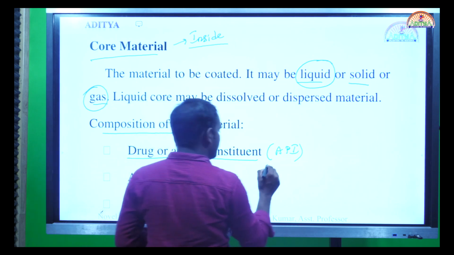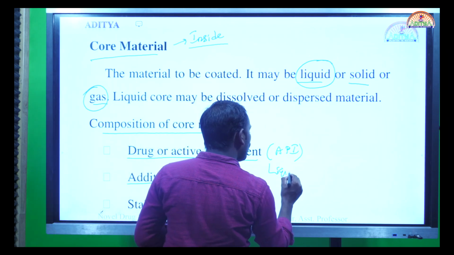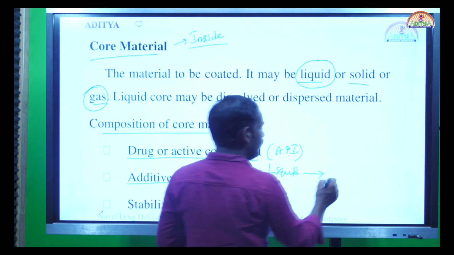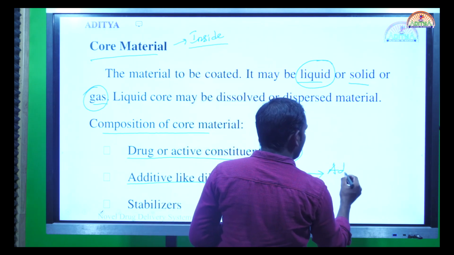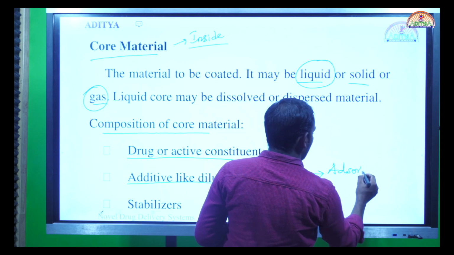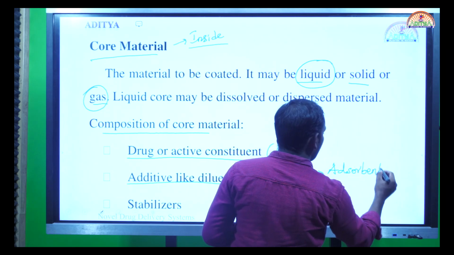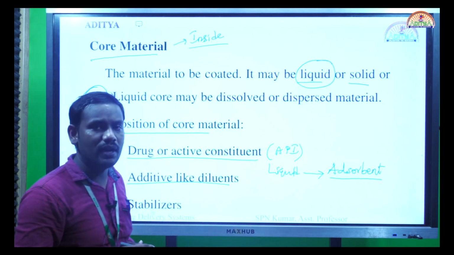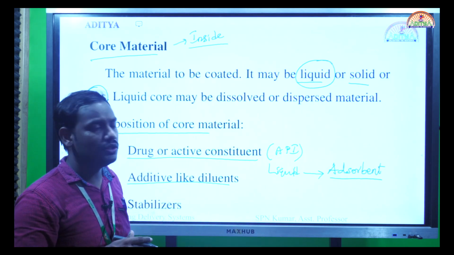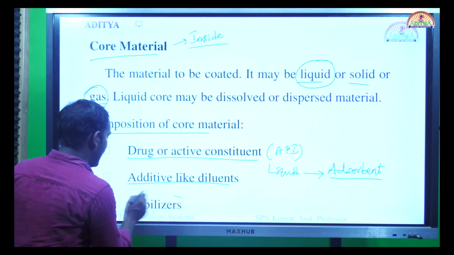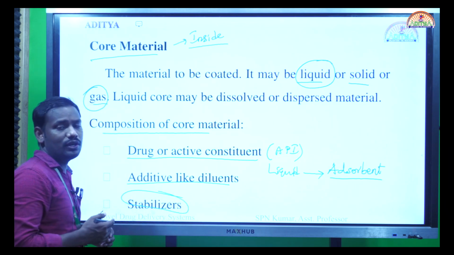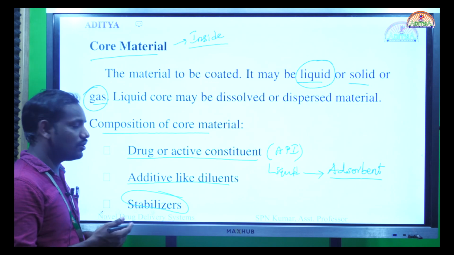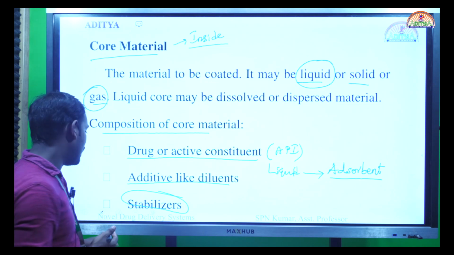Sometimes if there is a liquid, in order to convert it into a free flowing powder, we may use an adsorbent such as starch, kaolin or colloidal silicon dioxide, onto which the liquid will be adsorbed and above which you can provide the coating. Finally we can also add stabilizers so that your entire preparation is stable for a longer period of time and doesn't undergo microbial decomposition or contamination.